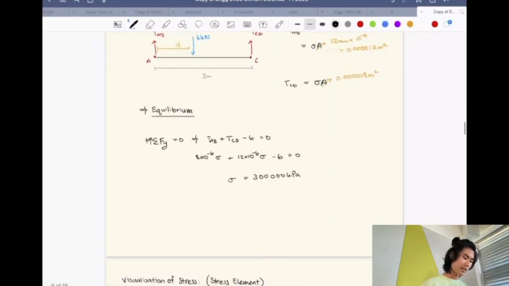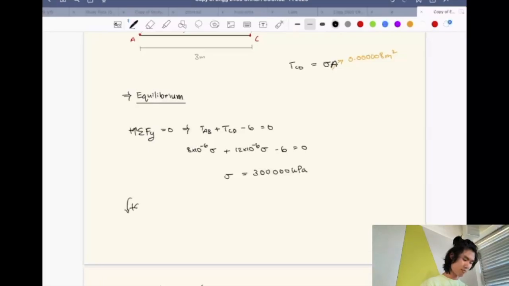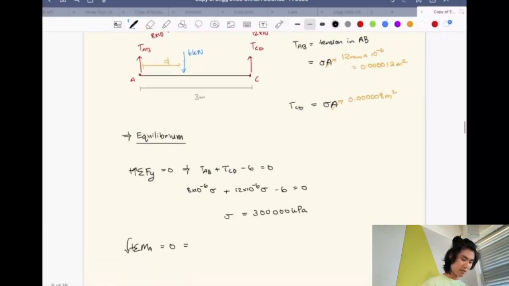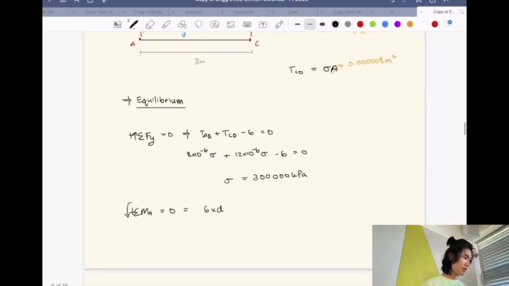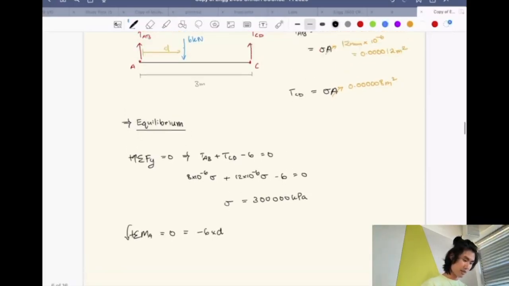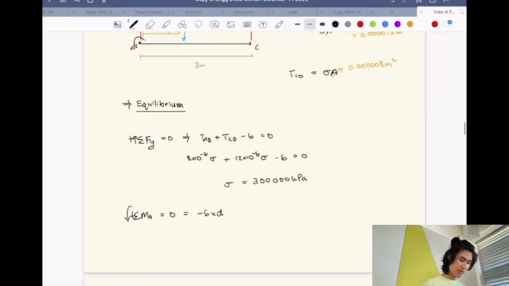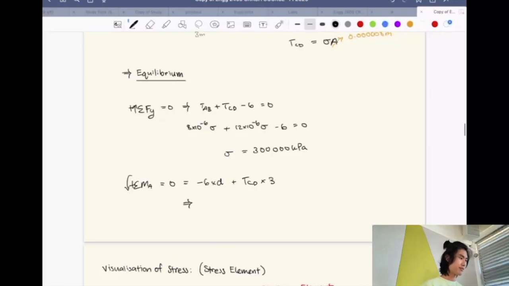So now if you take the moment at A, you can get something that looks like negative 6 times d. So we're taking this moment, negative 6 times d plus TCD times 3 meters. And that's just 1300. This will be d is equal to 1.2 meters, you'll find.